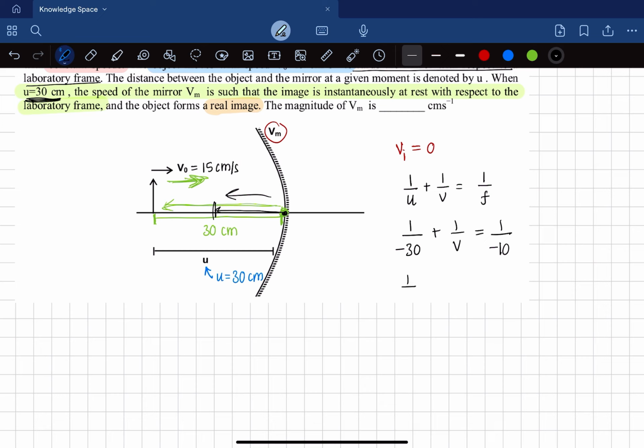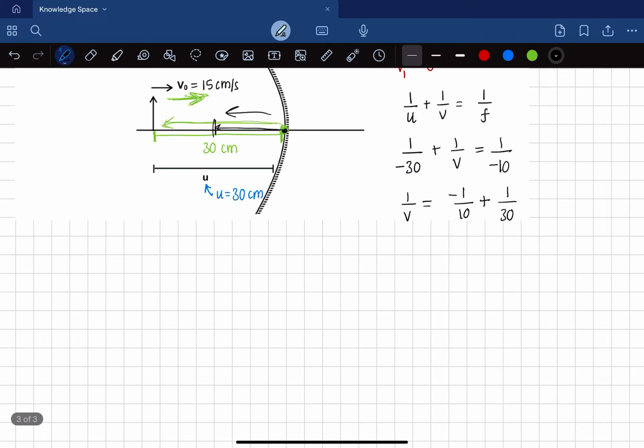So then we'd get 1 over v is equal to negative 1 over 10 plus 1 over 30. And then we would get 1 over v is equal to negative 3 over 30 plus 1 over 30, which is equal to negative 2 over 30. And so we get v is equal to negative 15 centimeters.